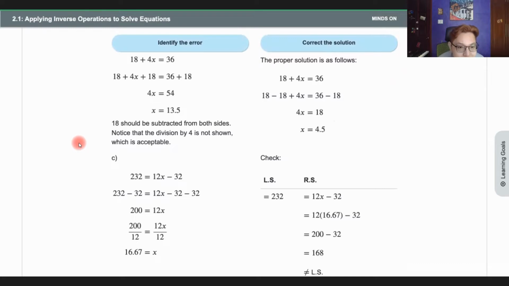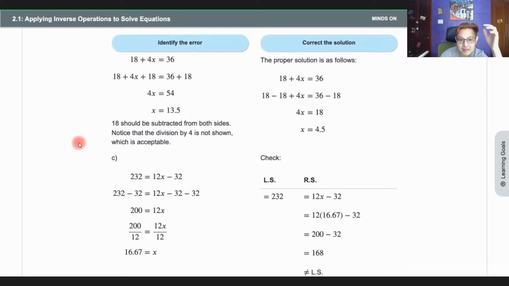C is, the error is subtracting 32. It's supposed to be plus 32, right? To eliminate the minus 32.